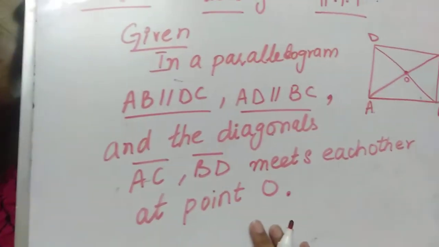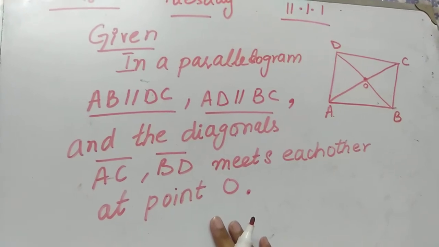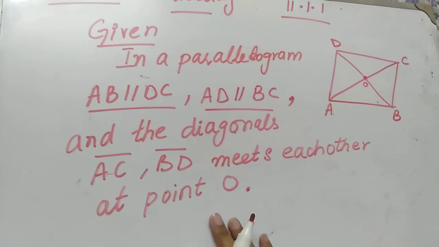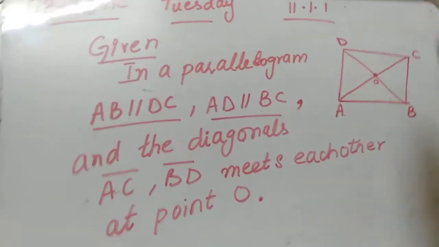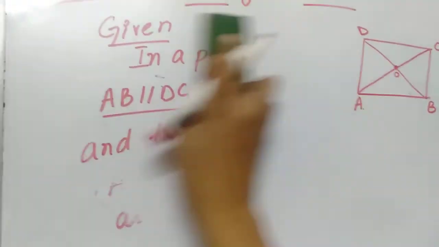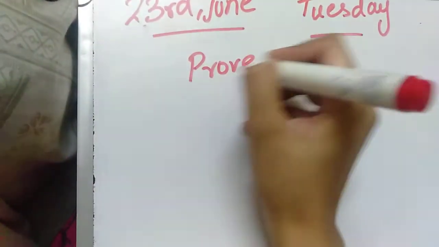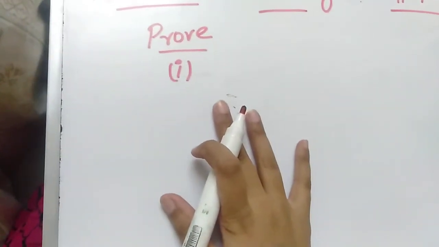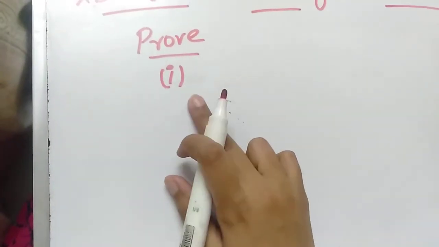So now this is the given statement, that in a parallelogram, AB is parallel to DC and AD is parallel to BC. Now and the diagonals AC and BD meet each other or bisect each other at point O. So this is the given statement. Now we will talk about the proof statement. We have to prove that in part 1, when I was reading in the statement, it is given in part 1 that we have to prove that opposite sides are congruent.